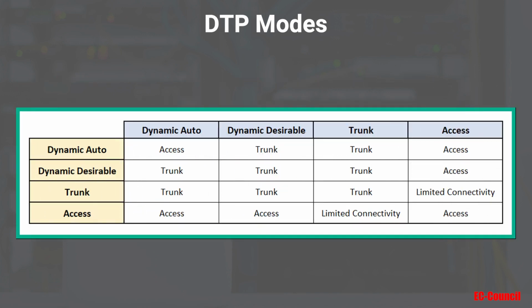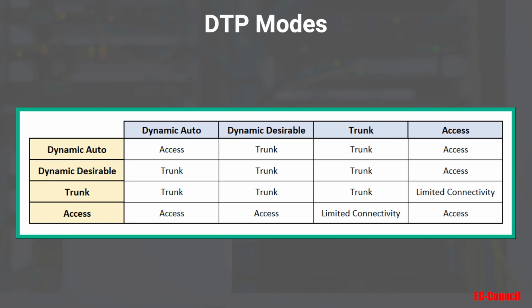So this table shows you the possibility of having two switches, and depending on the configurations on their interface, what the outcome is. So let's imagine that both of these interfaces right now are using dynamic auto. So let's put DA. Dynamic auto is the default state. So let's see where dynamic auto intersects. So therefore, the resulting state is an access port.